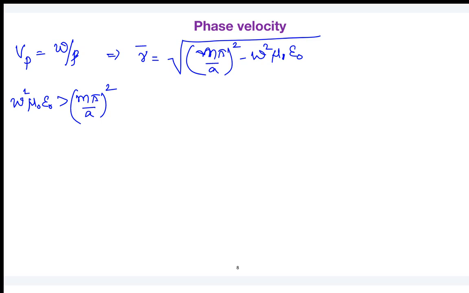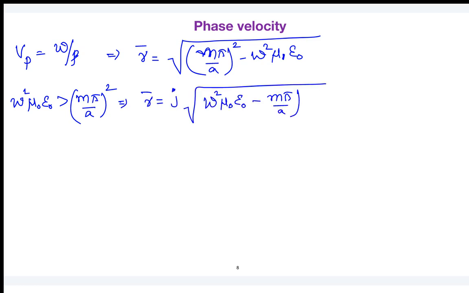In that case, gamma can be written as purely imaginary, right? That is equal to j into root over omega square mu naught epsilon naught minus (m pi by a) whole square. Will you agree with me if I write like this? Agree or not?